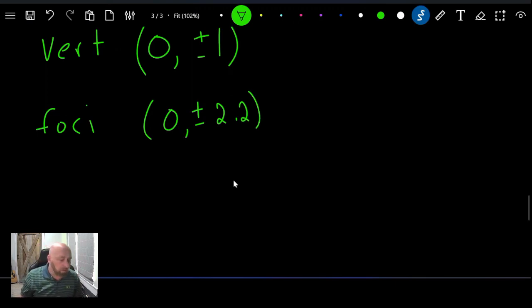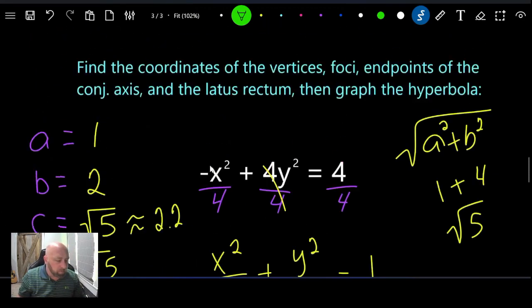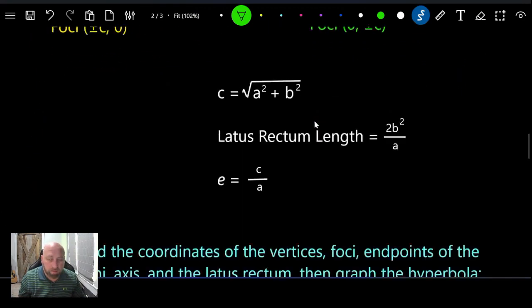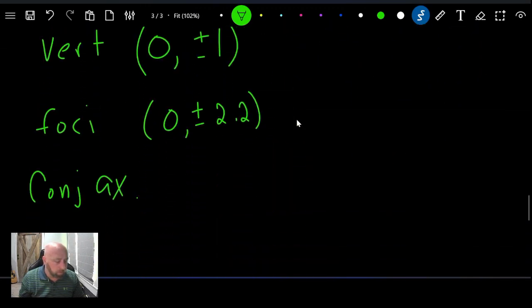Then we also need the ends of the conjugate axis. So I'm just going to write conj-ax. And that is going to be, and here it is right here, plus minus b, 0. And b is 2, so we're going to get plus minus 2, comma, 0.